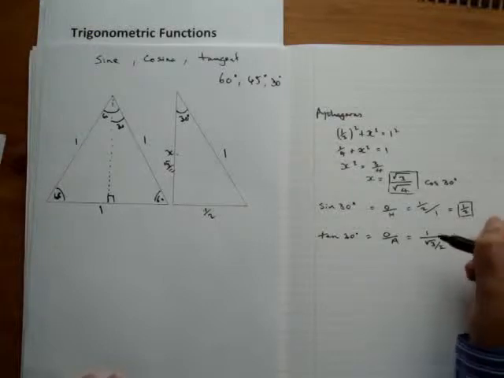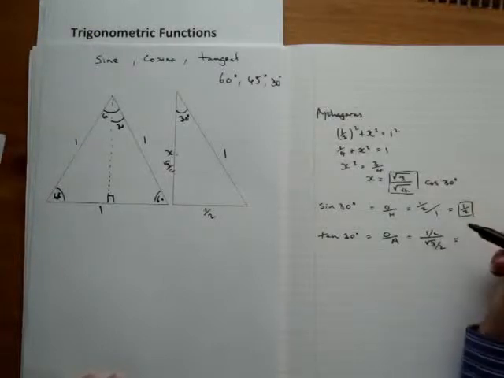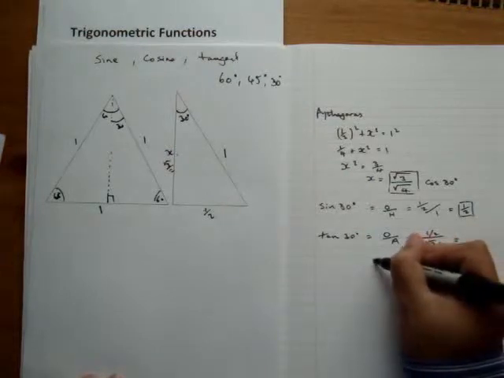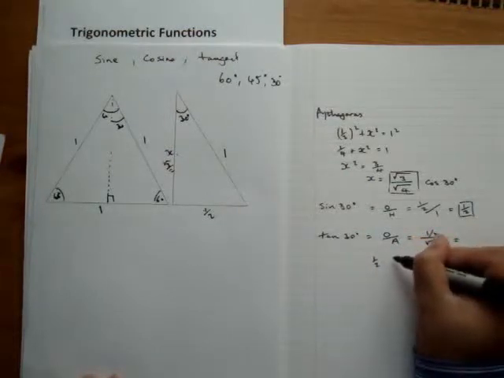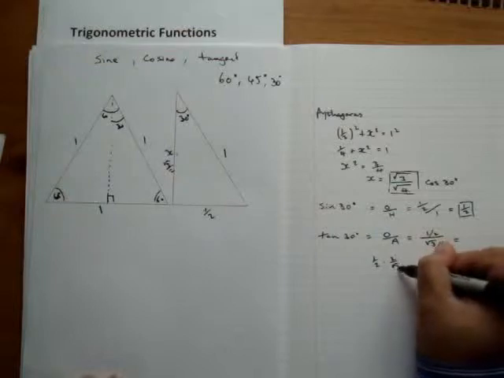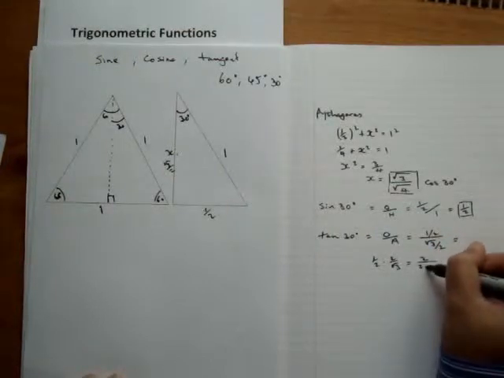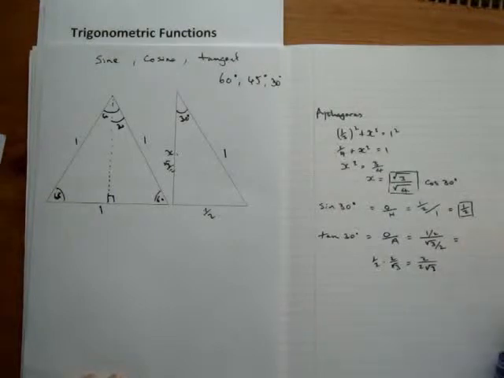So that would be a half times 2 over square root of 3, which equals 2 over 2 square root of 3.